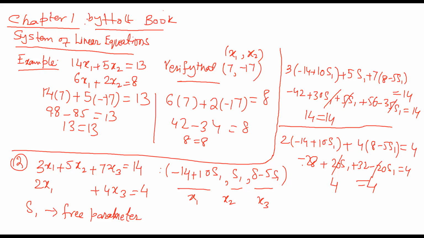Okay, so let's look at one more example. If we have a system of equations like this, as I'm going to write now, 2x1 minus 2x2 plus 3x3 is equal to 3.